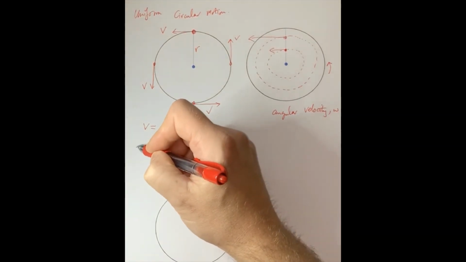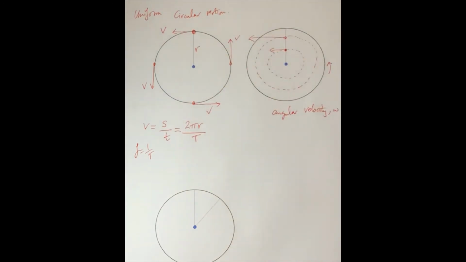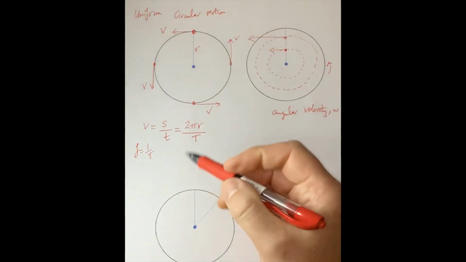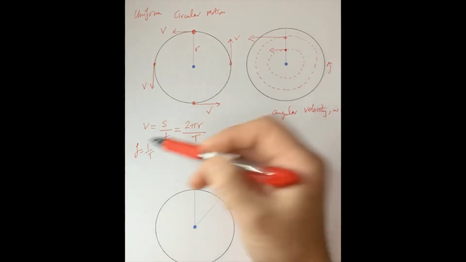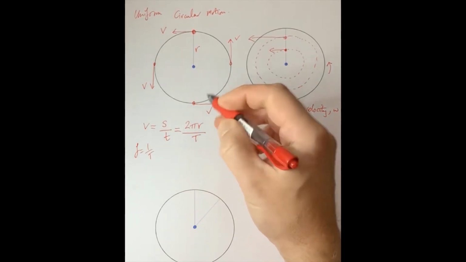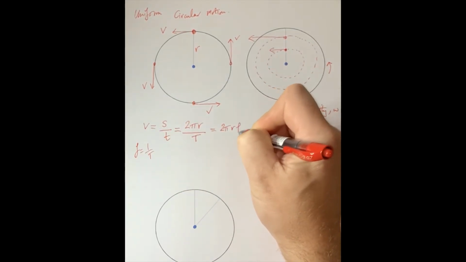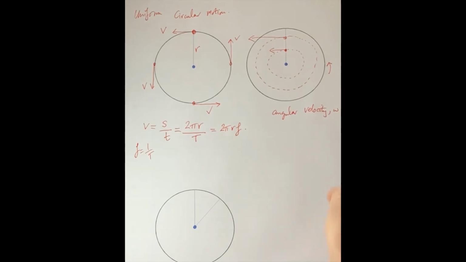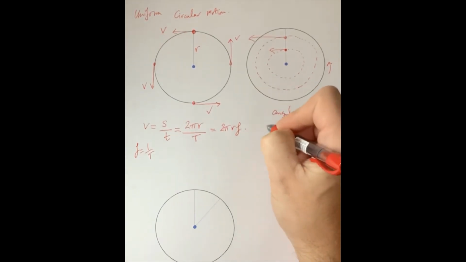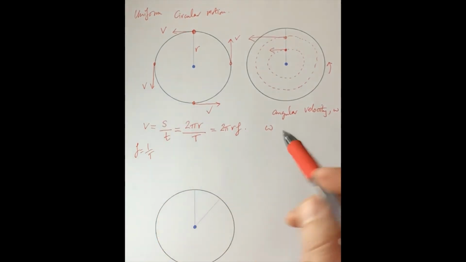And if you realise that the frequency, how many rotations per second, is linked to the time period by this little equation, f equals 1 over T, well, we've got 1 over T here, so we can actually replace that if we know the frequency of rotation with that.